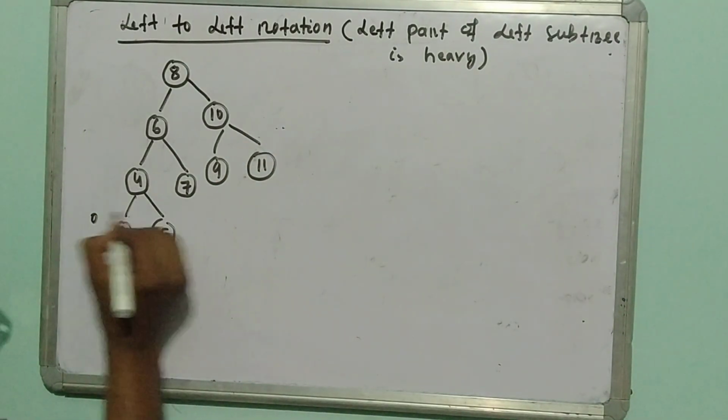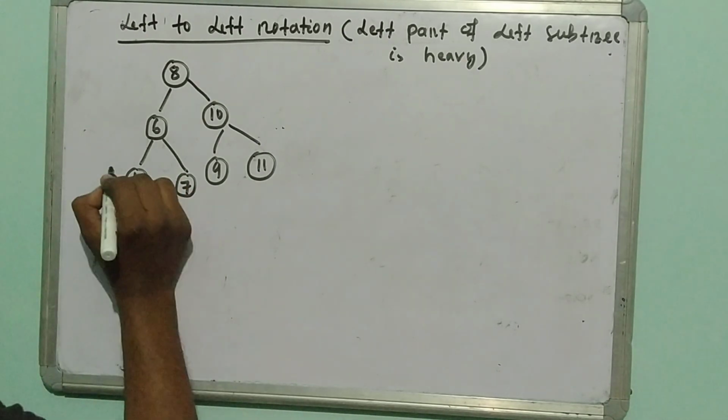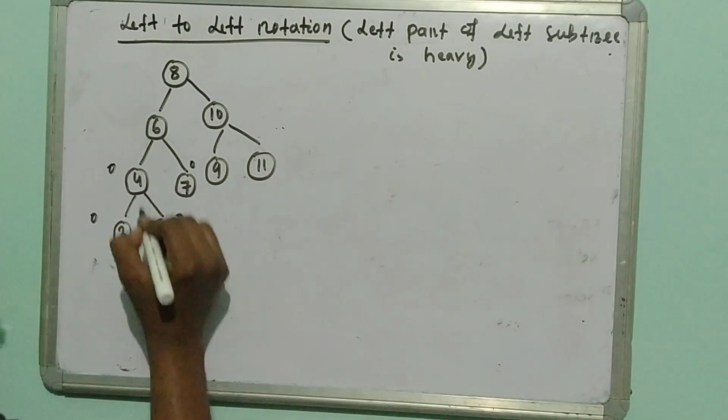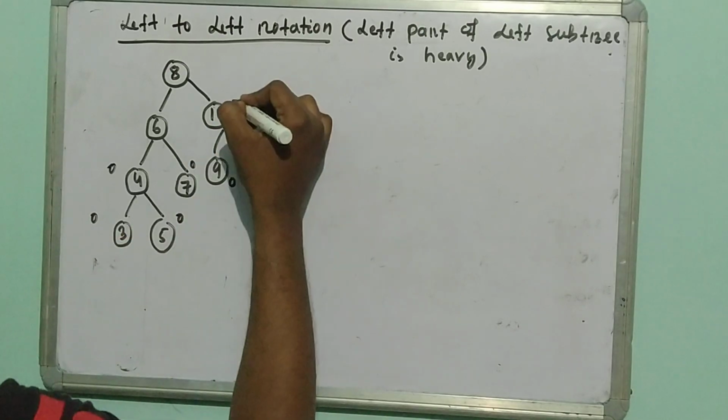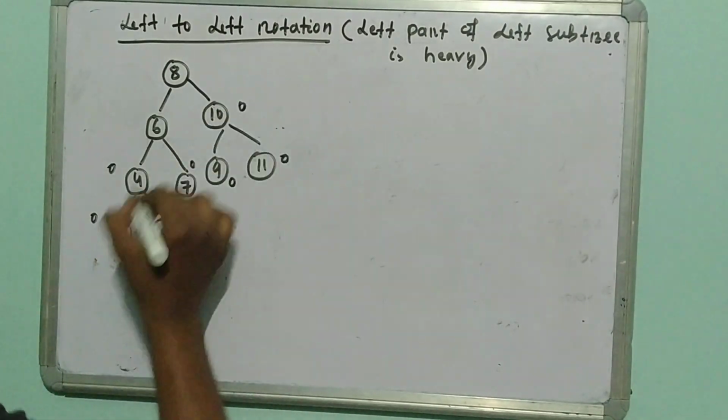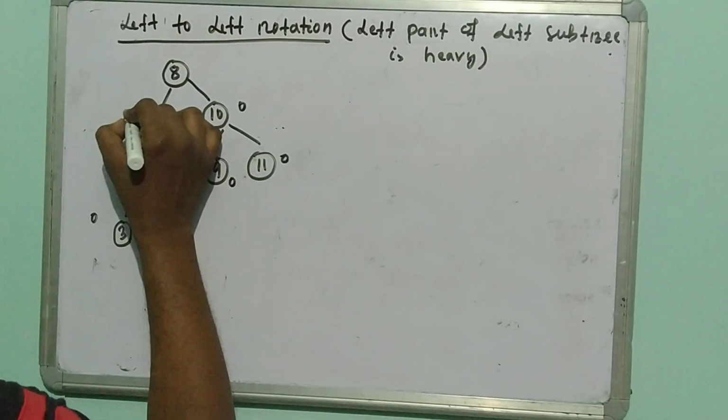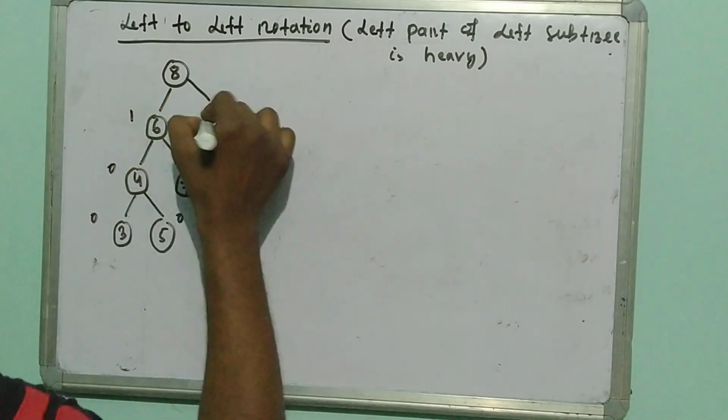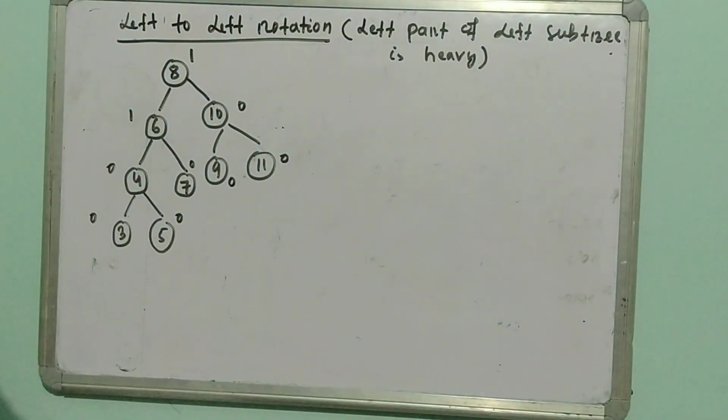Now the balance factors: terminal nodes are 0, 0, 0, 0; this is 1, this becomes 0, this is 2, and this is 1. So this is the balanced tree.